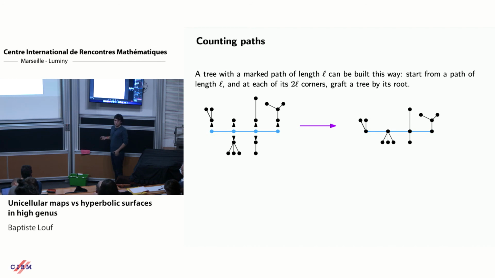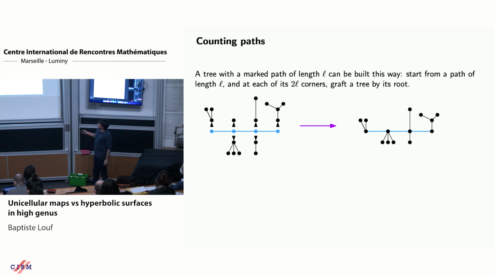And counting paths in trees is very standard. We can do it quite easily. I think there's more than one way to do it, but I want to count these paths with analytic combinatorics. So to count paths in trees, I'm just going to count trees with a marked path on them.